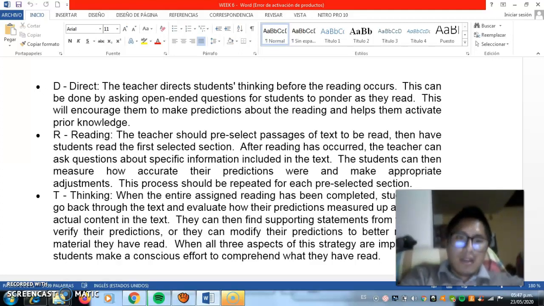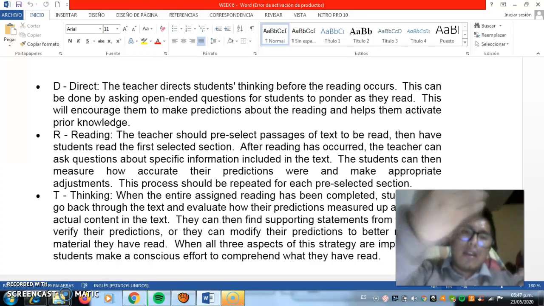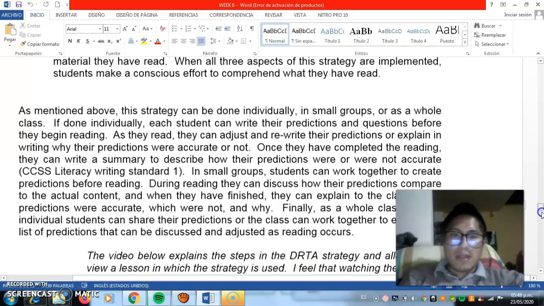Thinking: when the entire reading has been completed, students can go back through the text and evaluate their predictions measured against the actual content of the text. Yes, this is amazing. After they read, students will know if their predictions before starting to read are exactly the same, or maybe different, or very near. I really like it. That's really important.